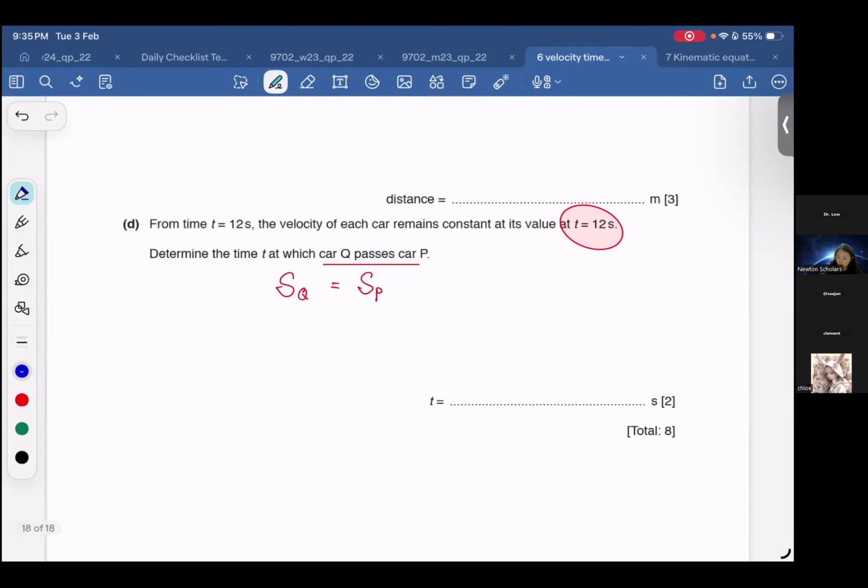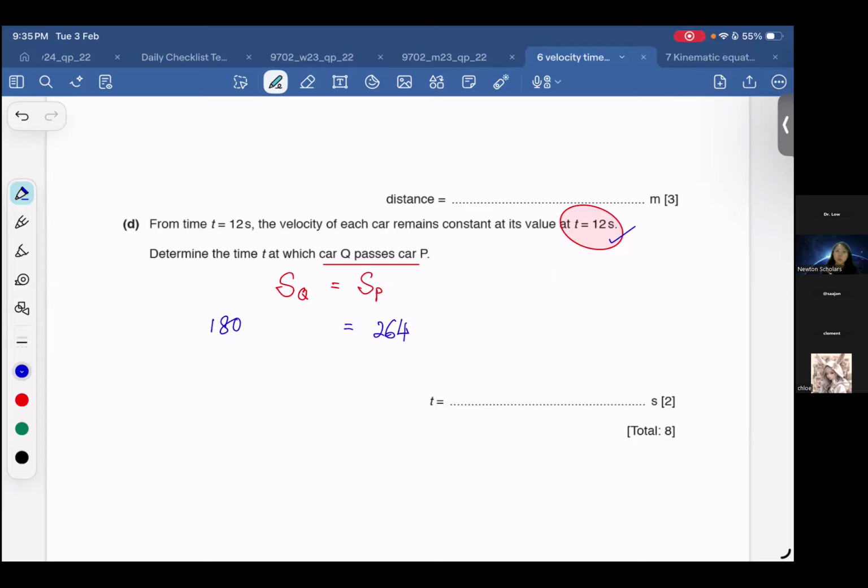Car Q traveled 180 meters already. Then from 0 to 12 seconds, car P traveled 264, right? At t equals 12 seconds, car P still has a larger distance, further away from car Q.